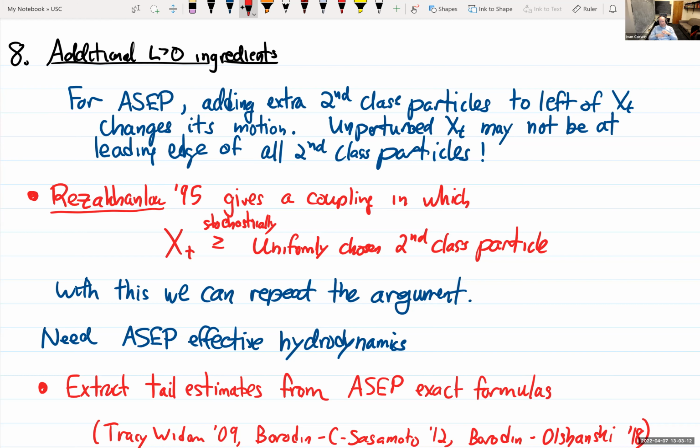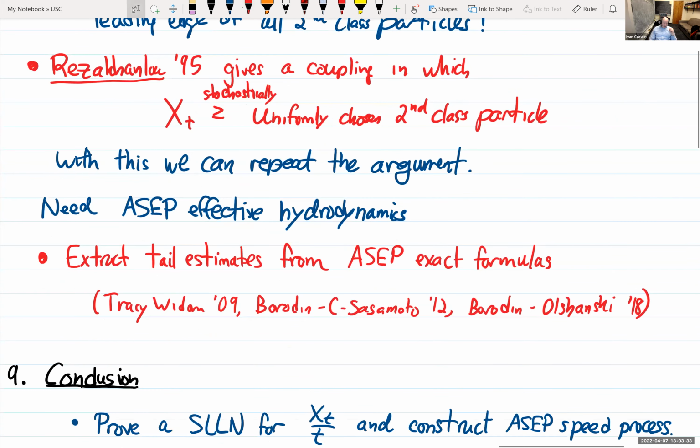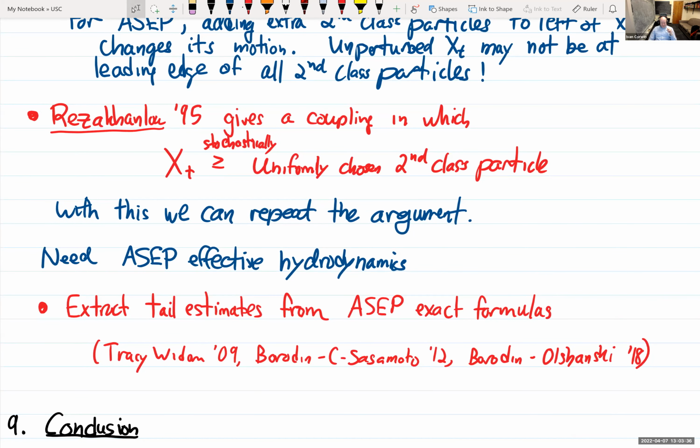In other words, if I can control where most of the particles live, I can still control the distribution of X_t. So I can still use the effective hydrodynamic argument I was explaining before, to control the evolution of X_t between consecutive scales and the wiggling. The only thing I need in addition is effective versions of hydrodynamic results for ASEP. These were not in the literature, so a lot of work is needed in proving them. I won't go into it, but these rely on exact formulas of various types.